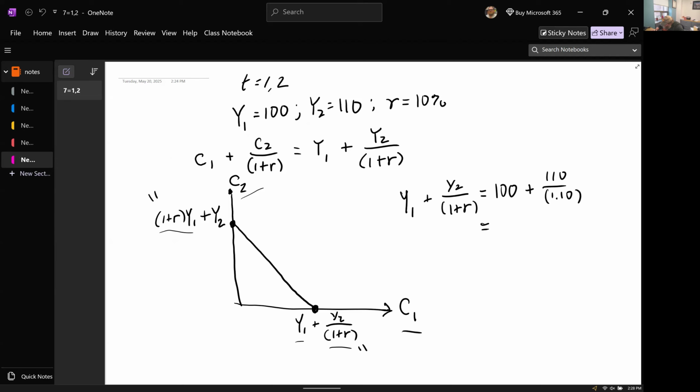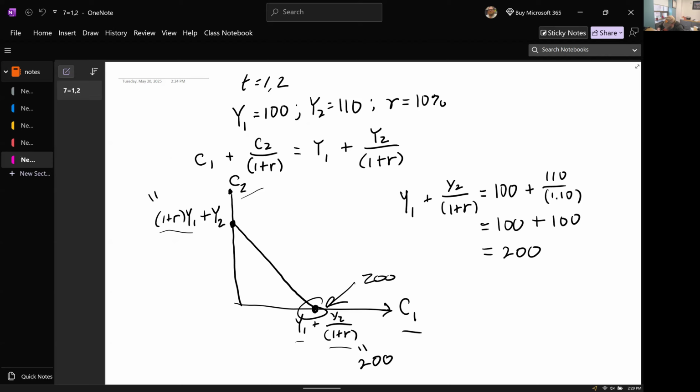That's just going to be 100 plus 100, and that gives us 200. So this intertemporal budget constraint starts right here at 200 units of C1. The most I could consume in time period 1 will be 200 units.